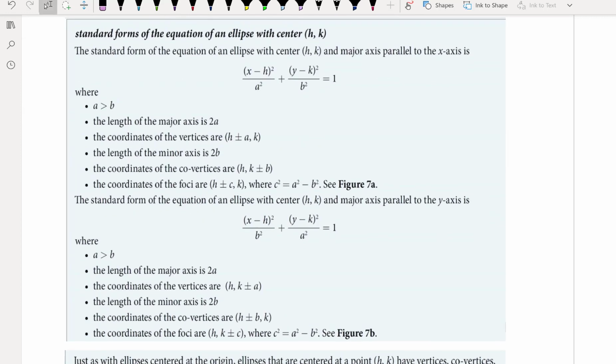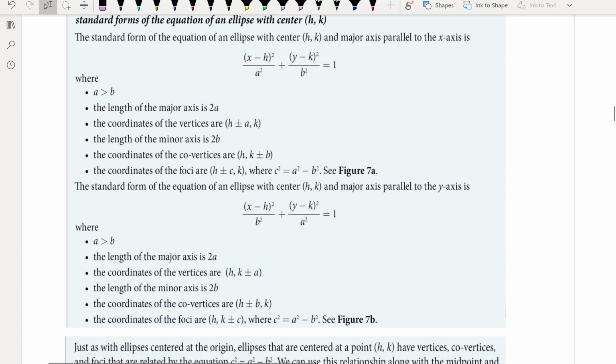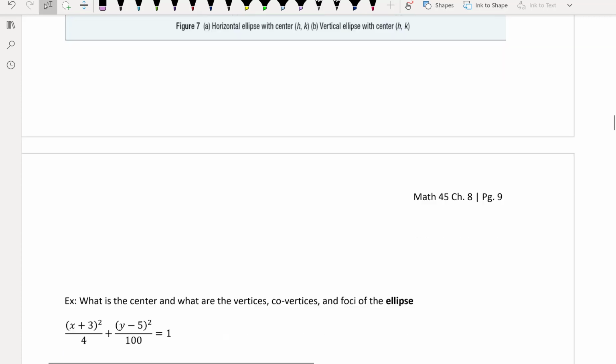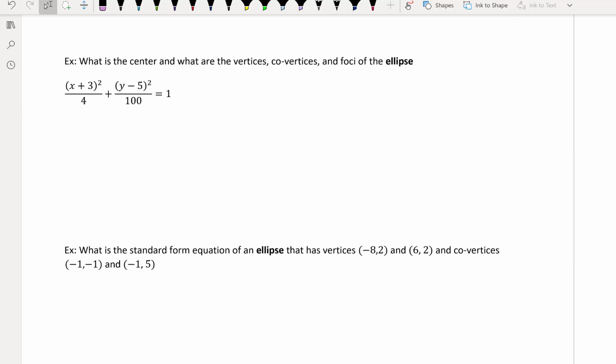So now we're going to be dealing with ellipses not centered at 0, 0. So now the center is going to be a little bit off, but the general idea still kind of remains the same, okay? It says, what is the center and the vertices, co-vertices, and the foci of the ellipse?